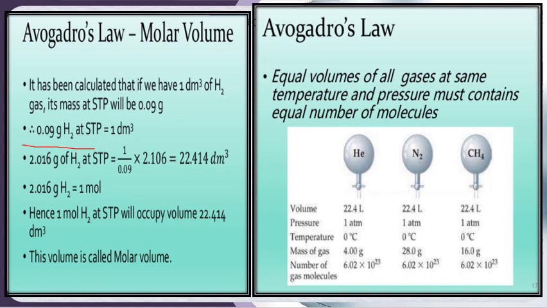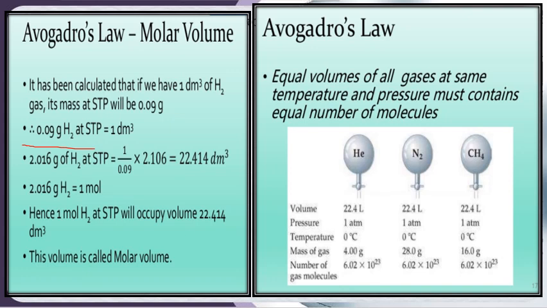As you can see, hydrogen gas is present in the form of a molecule. So it is considered as the mole. It is 1 mole of the substance which is having mass 2.016 grams. Right, so 1 mole of hydrogen at STP will occupy the volume 22.414 dm cube. This is termed as the molar volume.